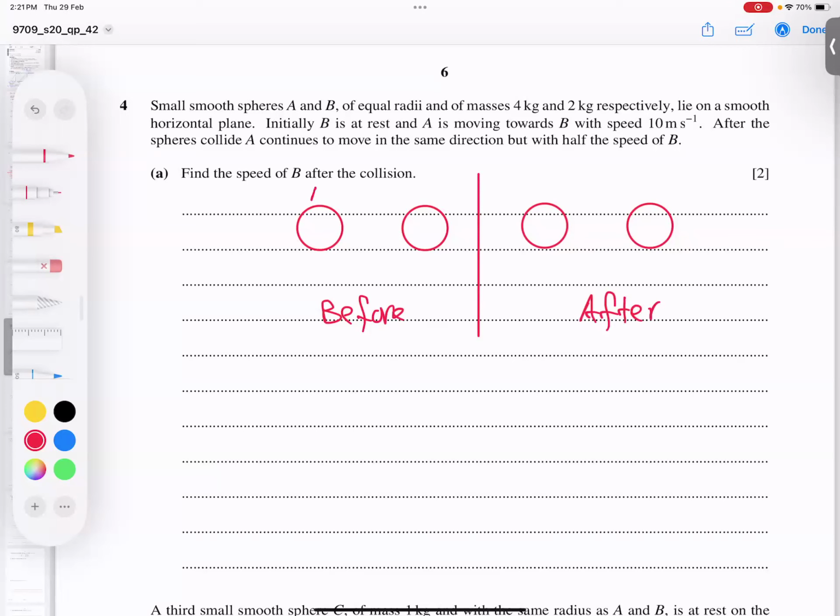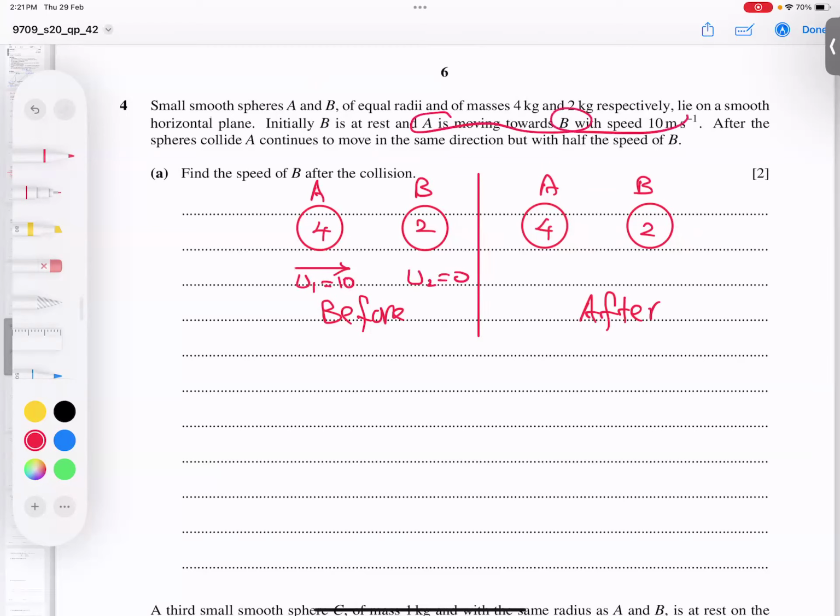Particle A has mass 4 and particle B has mass 2. Initially, U1 is the speed given, which is 10, and U2 is 0 because B is at rest.